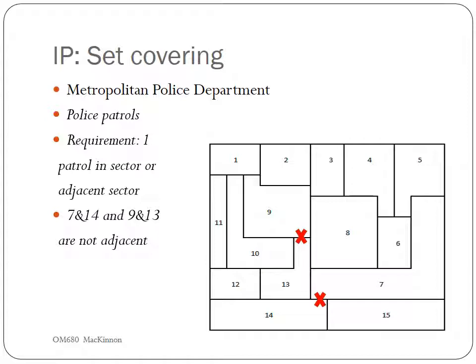And so the question becomes, how can we provide coverage for this area with the minimum number of patrols? Patrols cost money, so we need to provide coverage. We need to minimize the number of patrols, and we have to keep in mind that there are two regions that seem to be adjacent on the map but aren't really.